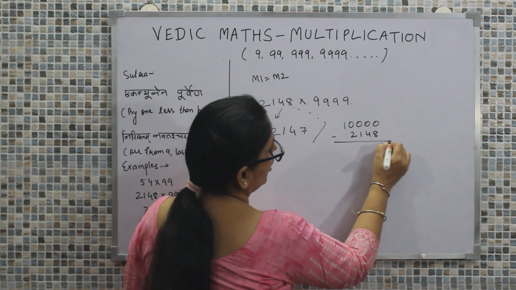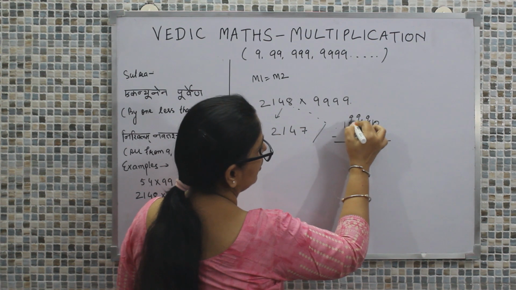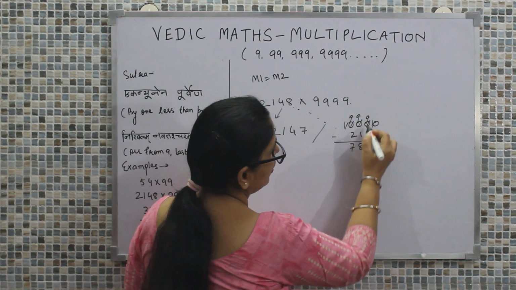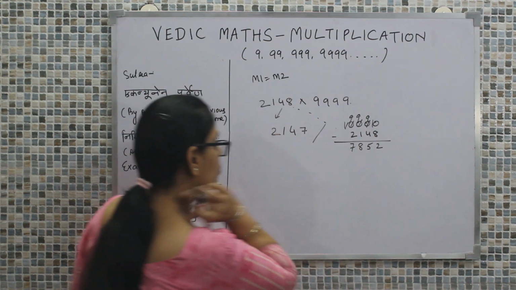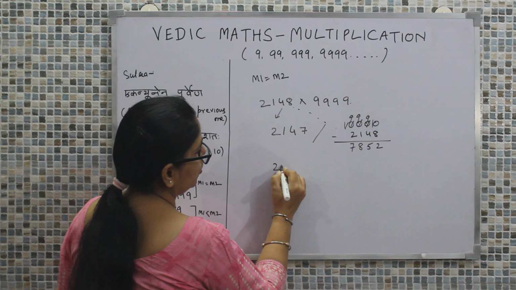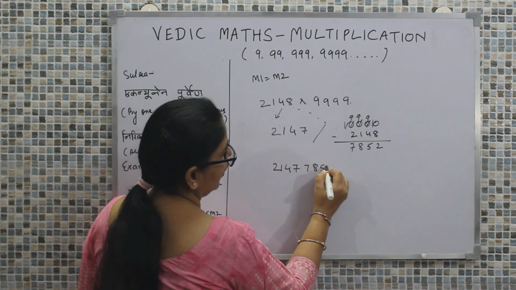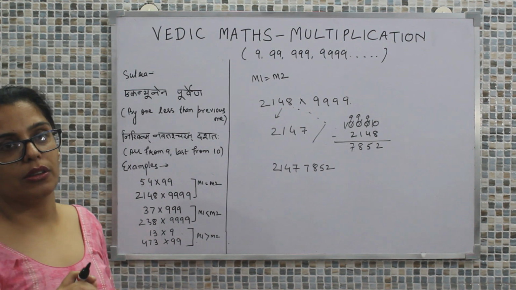So we have 2148. Using Nikhilam, we make it 10 and rest 9. 9 minus 2 is 7, 9 minus 1 is 8, 9 minus 4 is 5 and 10 minus 8 is 2. So our answer is 21477852. And see how easily we are getting the answer.